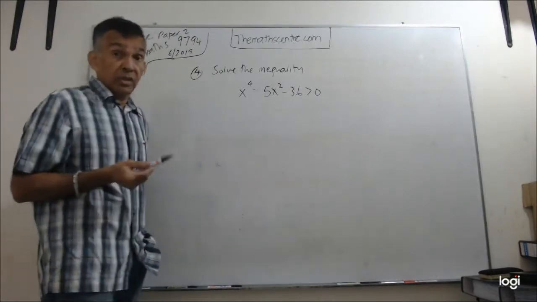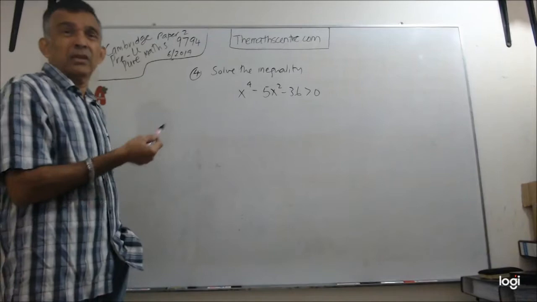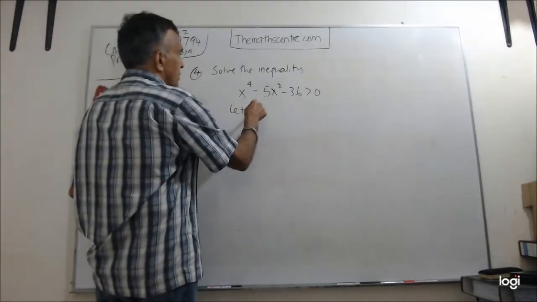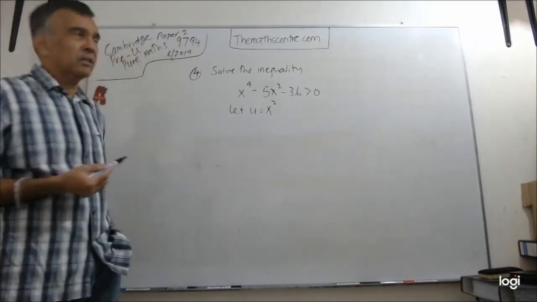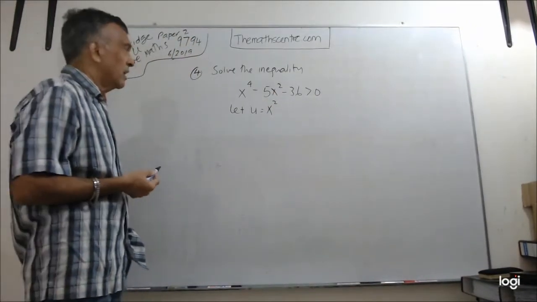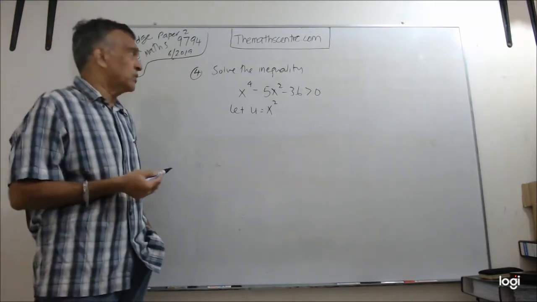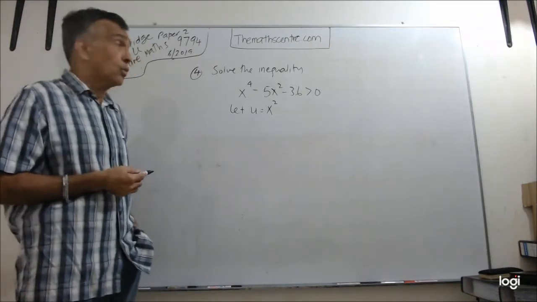You don't need to, but if you need some help with this x to the power of 4, you can. So let u equal x squared. That's a classic substitution you will find when they ask you to solve an equation involving a power of 4.